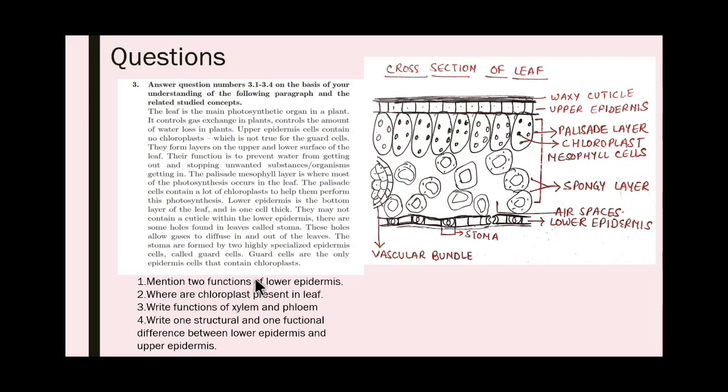Mention two functions of the lower epidermis. So two functions of the lower epidermis will be, first of all, stomata allows exchange of gas, and through here only the transpiration takes place. Be very particular about the statement you are writing in your answer. If any explanation is required, then only you are supposed to give it. In a diagram based question, write everything in points, and label the diagram as asked.